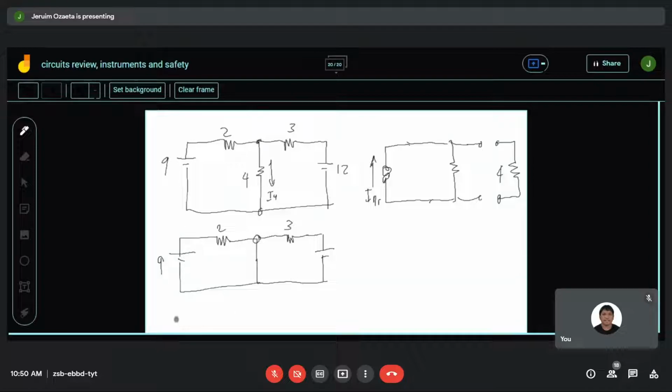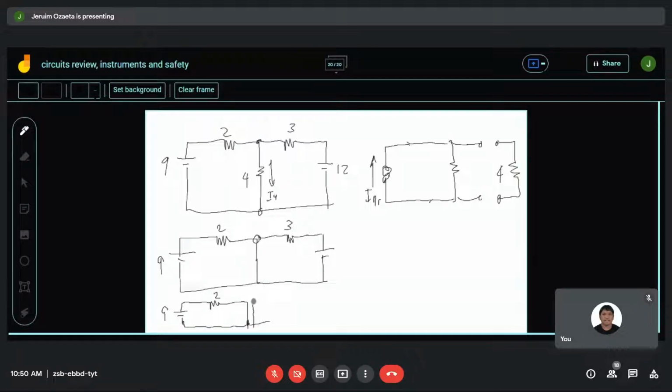Pwede mong i-drawing ini na parang two independent sources. Paghatian mo yan kasi zero resistance na, di ba? 2 ohms, 9 volts.